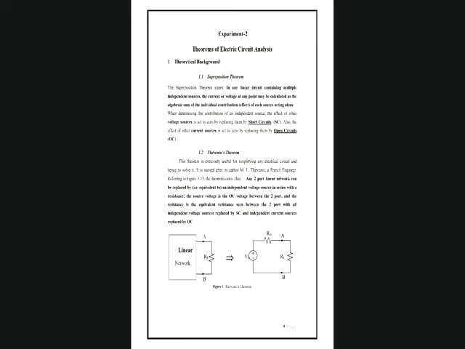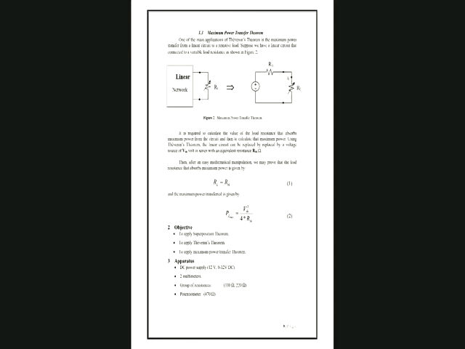A linear circuit is one whose output is linearly related or directly proportional to its input. So we will do three steps here. This is the objective of the experiment: to see what the superposition theorem is and to apply Thevenin's theorem.